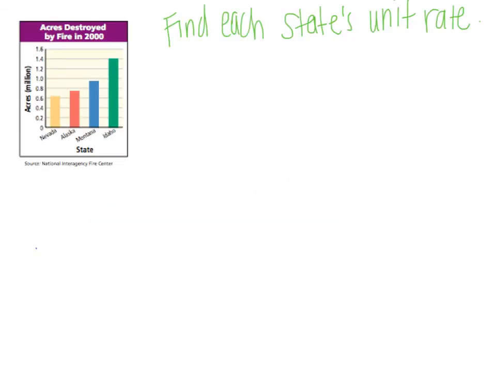Let's use this bar graph to find unit rate. This graph describes the acres destroyed by fire in 2000, and these were the 4 states that had the most fires, or the most acres destroyed. Let's start with Nevada. If we look at this graph, we're going to have to make an estimate.